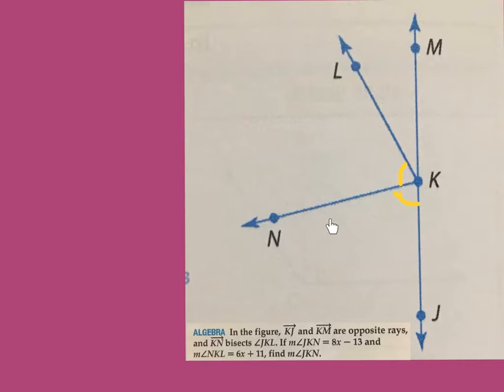So JKN, this angle right here, is the same as 8x minus 13. Let's keep going. And NKL, this angle right here, is 6x plus 11.